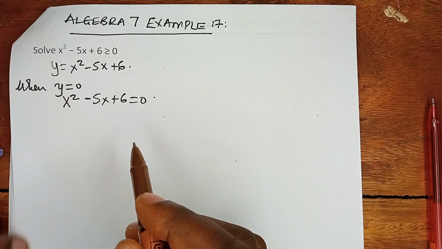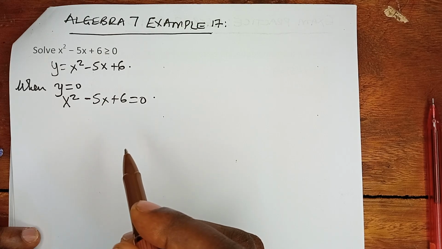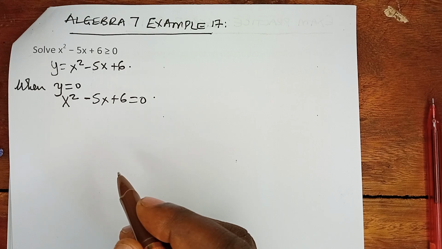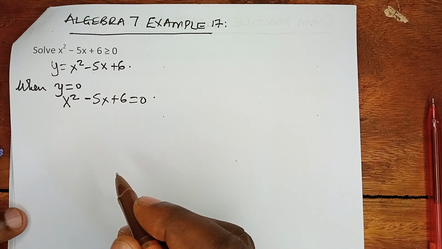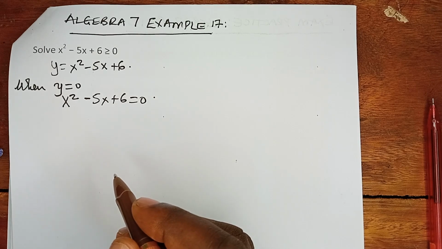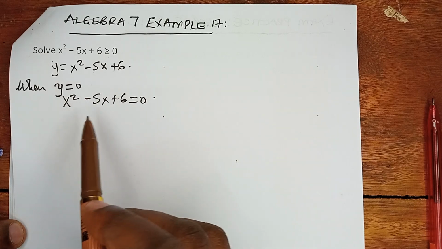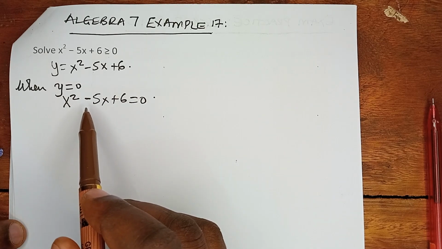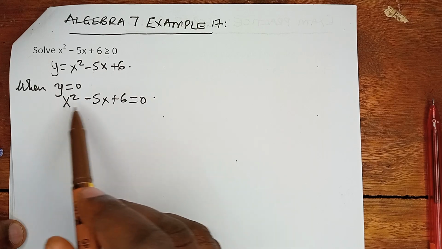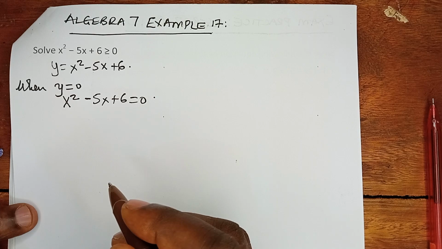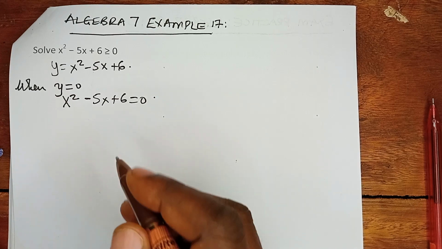And this is what we have to solve using any method that we know. We can use factorization, quadratic formula, completing the square. Let us just easily use the factorization method, because the factors which you add give us minus 5, and you multiply, they give you c. Those are minus 2 and minus 3.